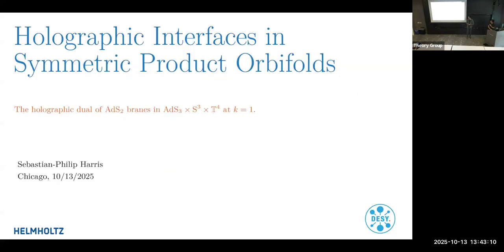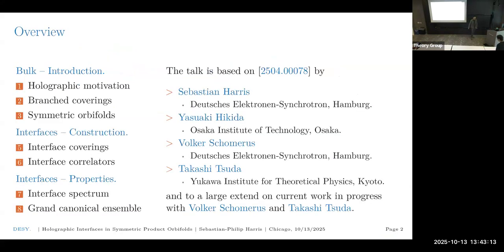With this background, we'll then be able to go in detail to the construction of these interfaces, and finally show you some properties of the interface, which ultimately will also create the connection back to the holographic motivation and establish their holographic relevance. And this talk is based on a paper from April with Yasuaki Hikida, my PhD supervisor Volker Schomerus, and Takashi Tsuda, as well as some current work in progress with Volker Schomerus and Takashi.